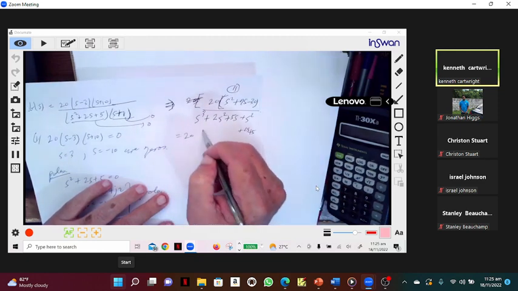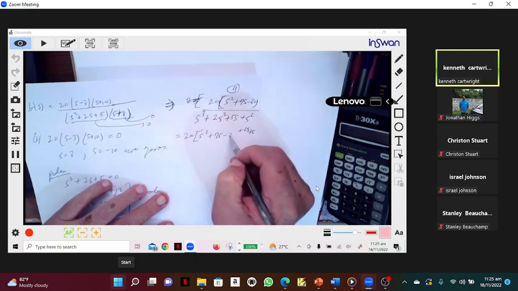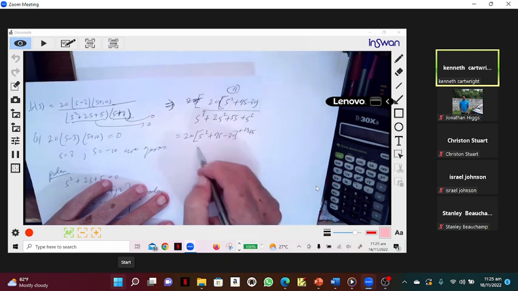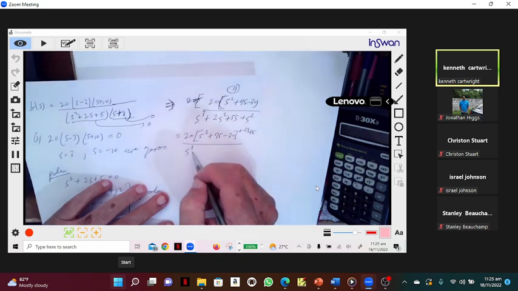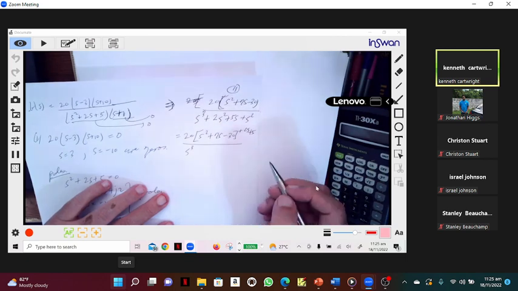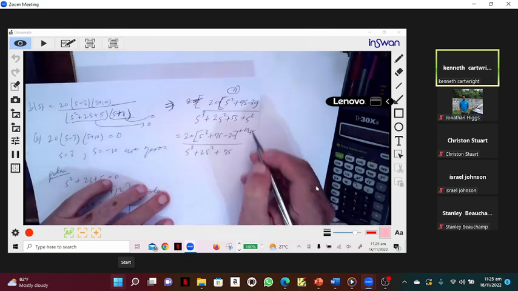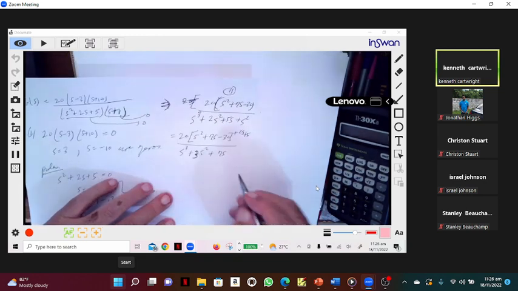So that's 20 s squared plus 7s minus 30 over s cubed plus 2s squared plus 7s plus s squared plus 3s plus 5.